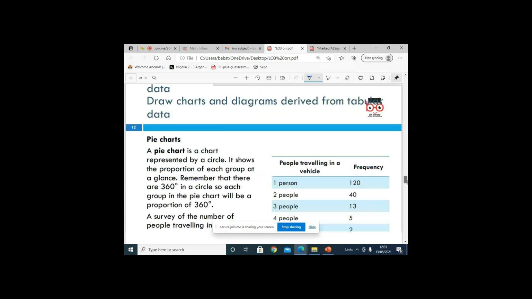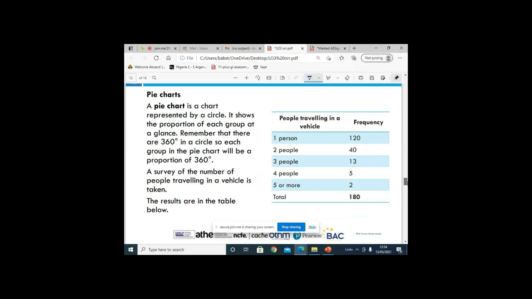So pie charts now. I told you that pie charts are normally used like you split pies. A pie chart is a chart that is represented by a circle, and it shows the proportion of each group at a glance. Remember that the sum of angles in a circle is 360.